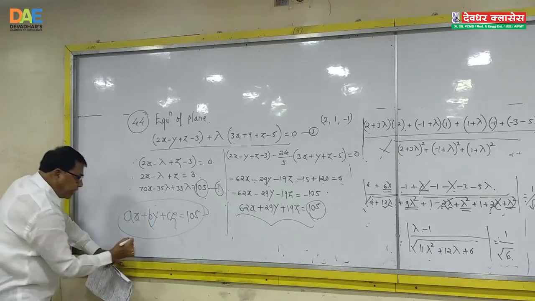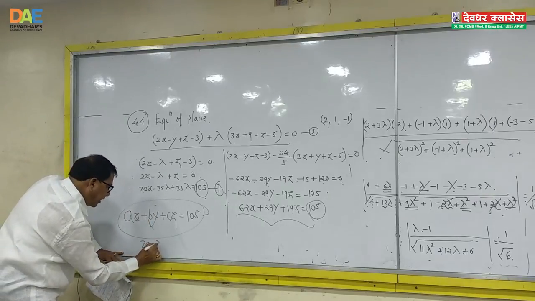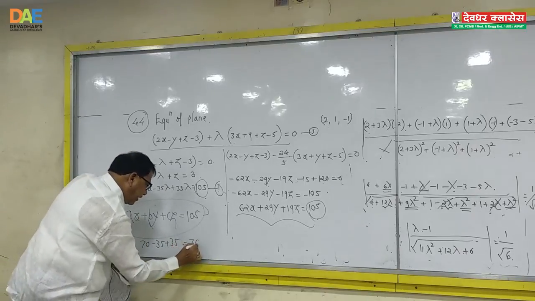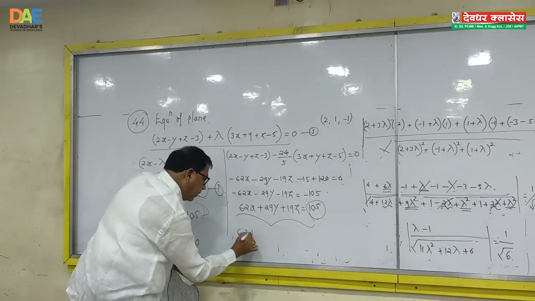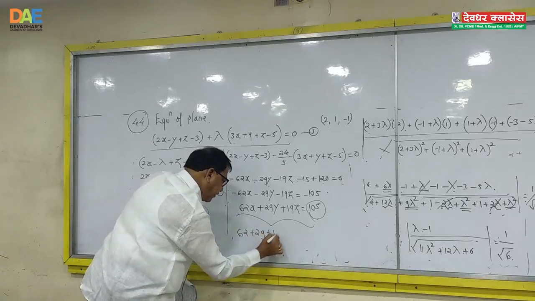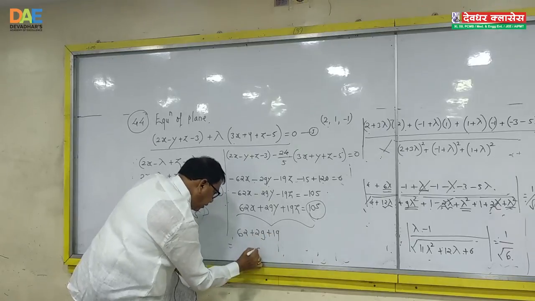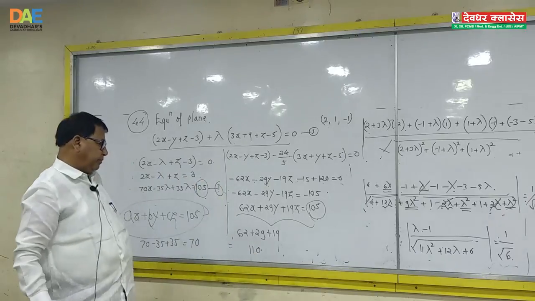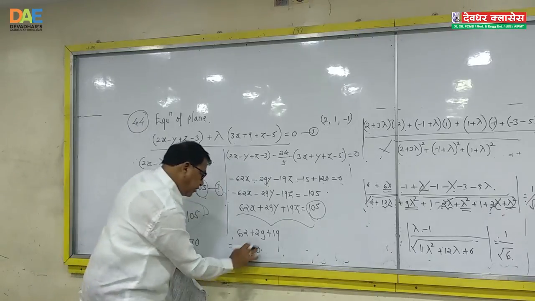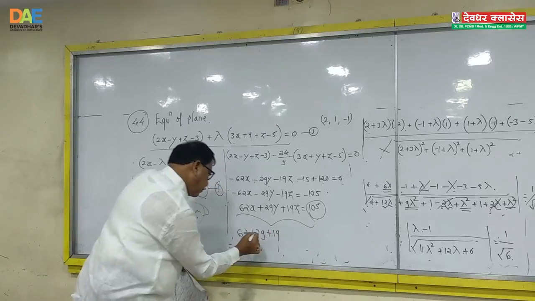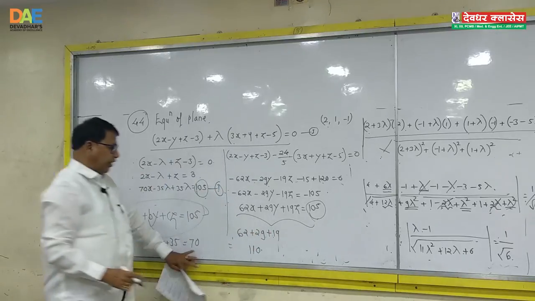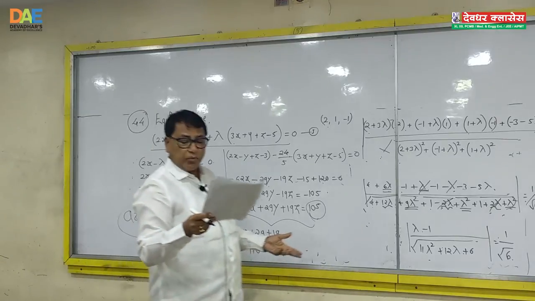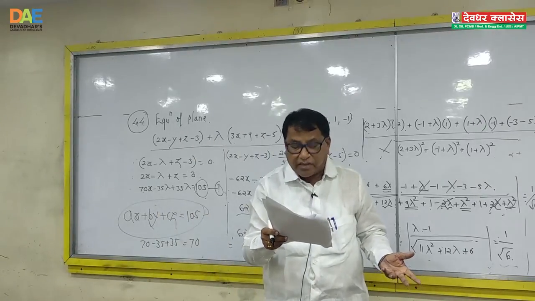So here a + b + c is what? 70 - 35 + 35, that is equal to only 70, and here 62 + 29 + 19 is equal to 110. So 70 and 110. These are the values. Observe in the choices which value is given there. So choice C, 70, is there.